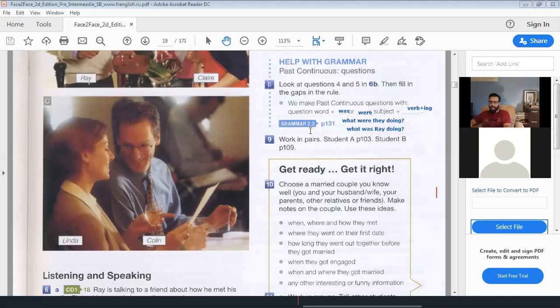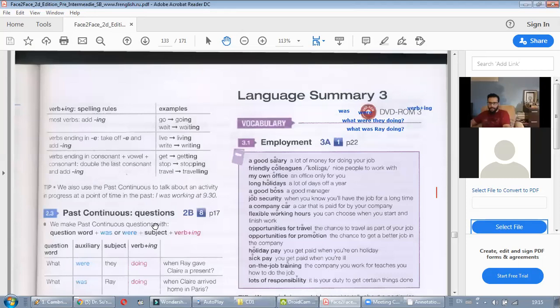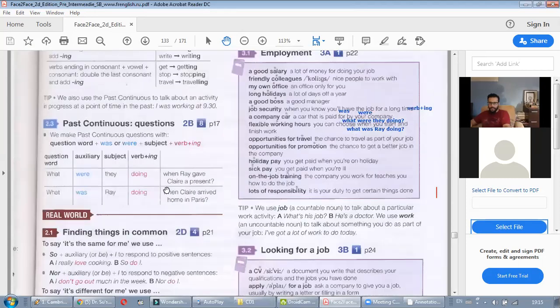So now here, let's take a little revision and let's look at page 131 and we can see how we make questions with the past continuous, okay? So let's go to page 131. Here it is. So this is how we make questions with the past continuous. I think it's kind of clear.